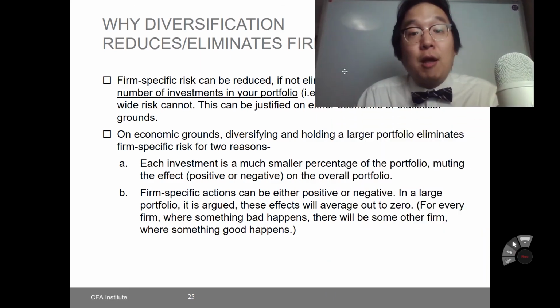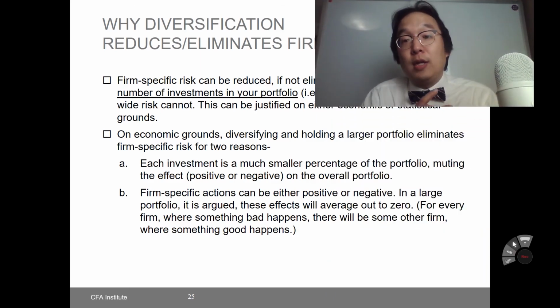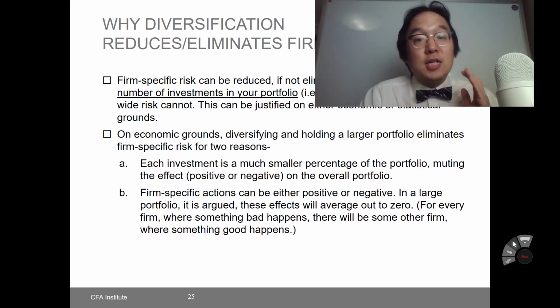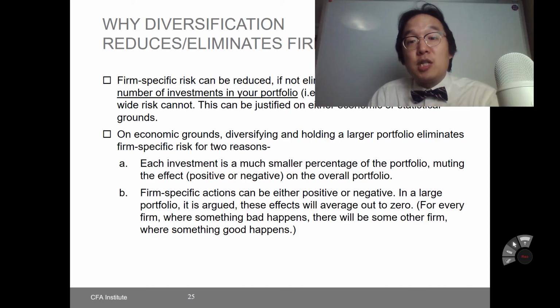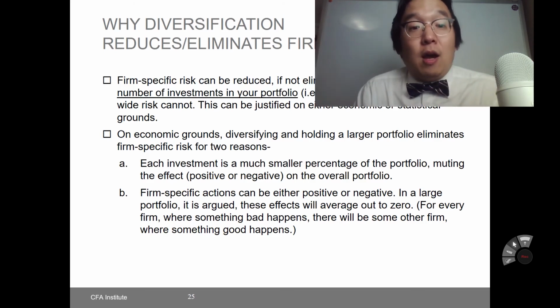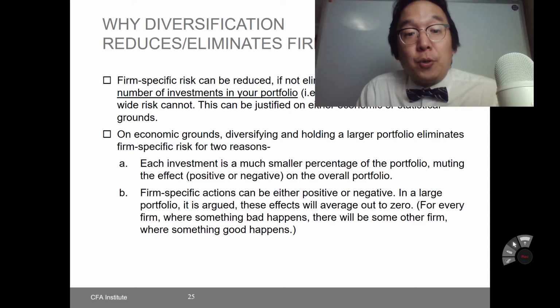On economic grounds, diversifying and holding a large portfolio eliminates firm-specific risk for two reasons. A, each investment is a much smaller percentage of a portfolio, muting the effect on the overall portfolio.